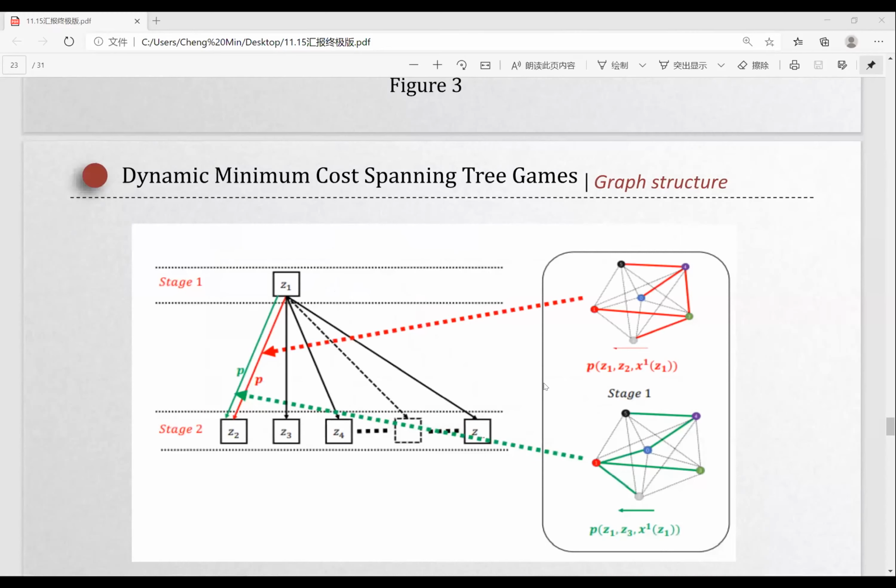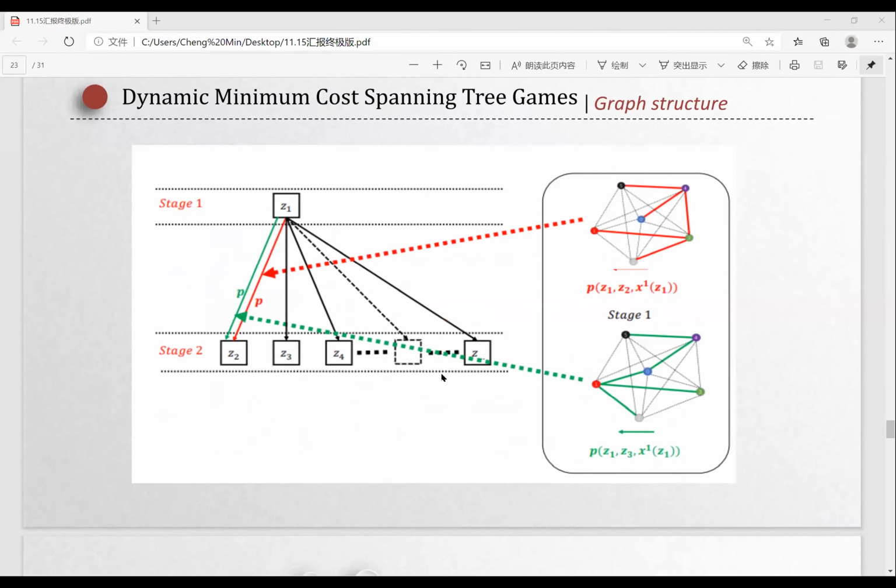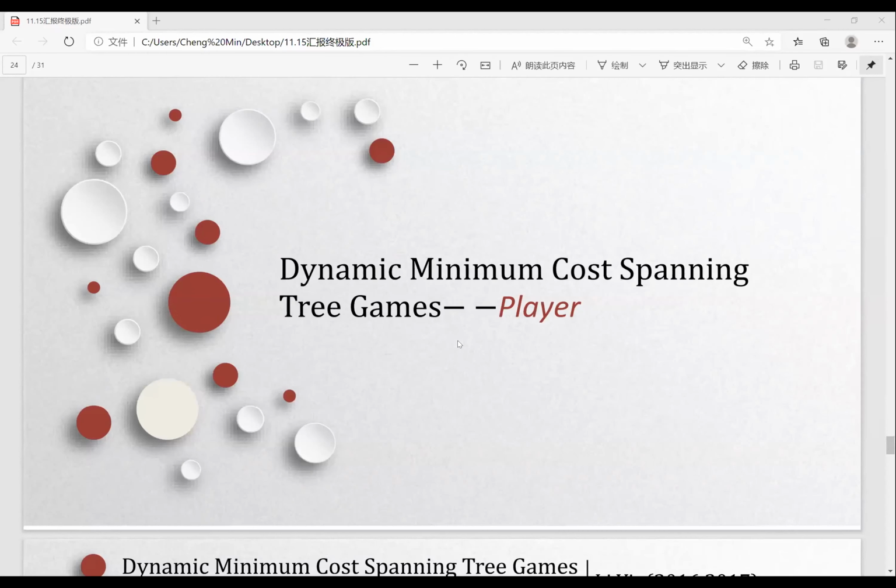In this example, in the first stage, the minimal cost spanning tree is the red one, like this, and another minimal cost spanning tree is the green one, like this. And then this is the second situation of the dynamic minimal cost spanning tree games: whether players continue to participate in the second stage.